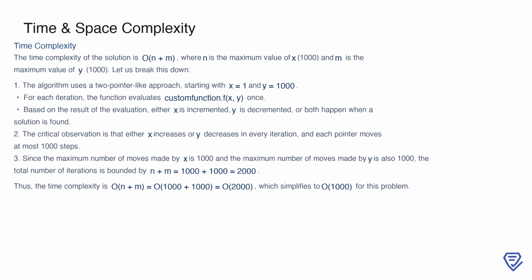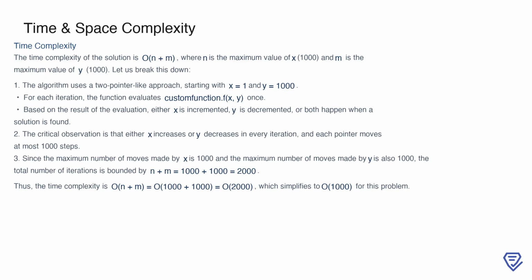The algorithm operates with a two-pointer-like approach, starting with x equal to 1 and y equal to 1000. In each iteration, the function evaluates customfunction.f(x, y) exactly once. Based on this evaluation, it adjusts the pointers, either incrementing x, decrementing y, or both when a solution is found. The key observation here is that each pointer can only move a maximum of 1000 steps.